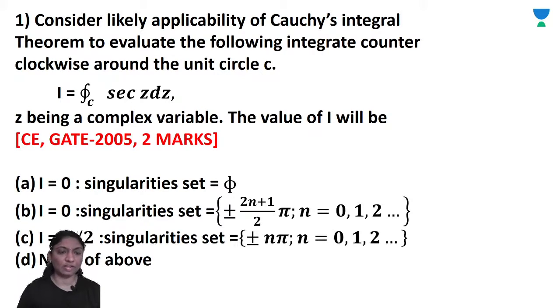The value of I will be: I is equal to 0, singularity set is equal to phi; I is equal to 0, singularity set is equal to plus or minus (2n+1)π/2, where n is 0, 1, 2, 3 and so on; or I is equal to π/2, singularity set is equal to plus or minus nπ, where n is 0, 1, 2, 3 and so on. So we can find the poles.